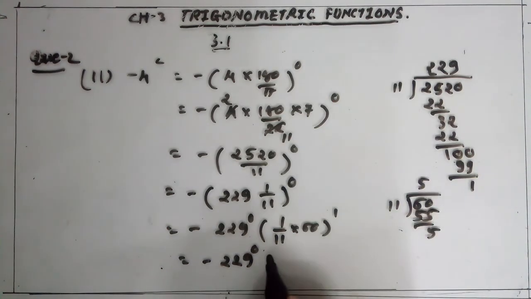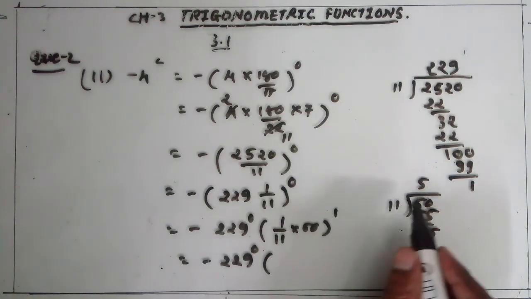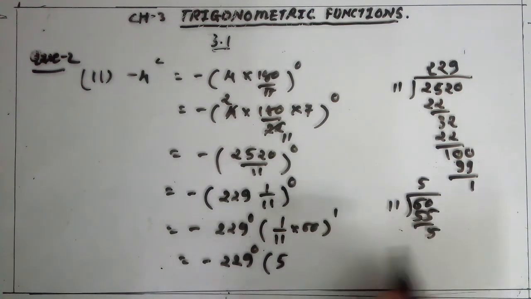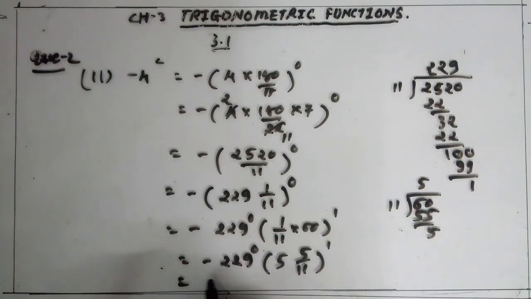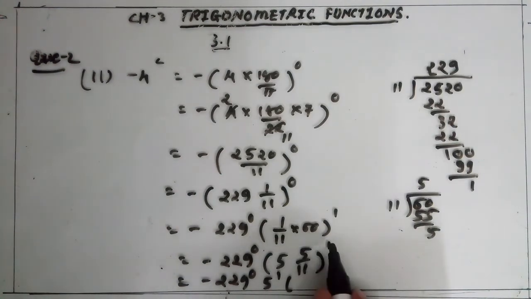So we get 5 and 5 upon 11 minutes. So it is equal to minus 229 degree, 5 minutes, and 5 upon 11 minutes change into second form, multiplying by 60. Clear?